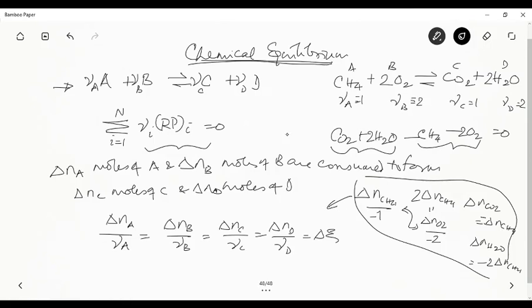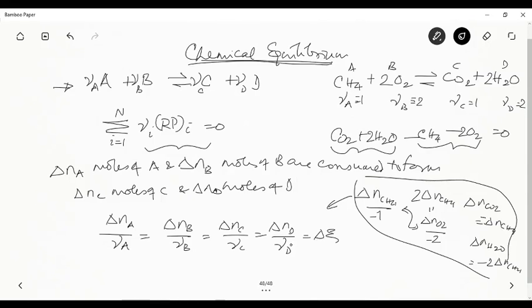So the reaction progress variable delta xi is equal to delta NCH4 by -1, which is equal to delta NO2 by -2, which is equal to delta NCO2 by +1, which is equal to delta NH2O by +2. That's the expression that you will get here, right? So that is the example. So this is your reaction progress variable delta xi. Okay.